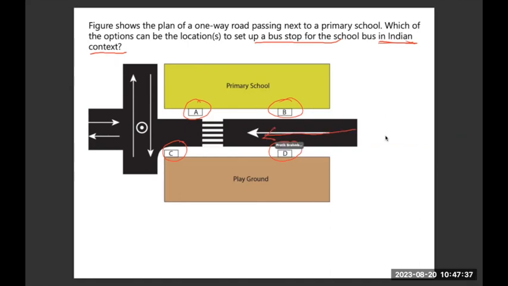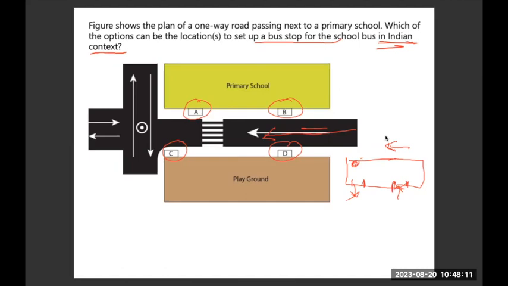If this is the bus layout in the Indian context, the driver's seat will be on the right side and the exit will be on the left side, from here or from here, both entry and exit. This is the layout when the bus is moving in the direction in which the arrow is given.